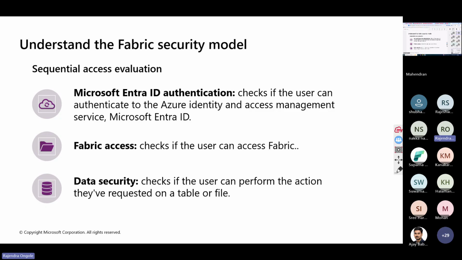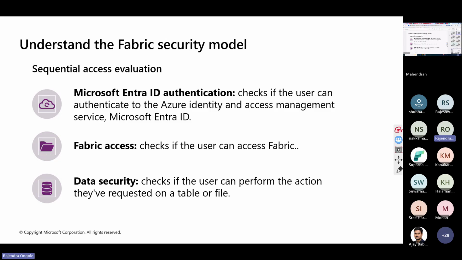There are three important security controls. Microsoft Entra ID authentication: we can provide access and authenticate to particular sources or table information based on our IDs, Microsoft Entra ID. Then Fabric access, to check whether the user has specific access to the Fabric workloads. And coming to data security, these are the three important security layers whenever you configure security control.